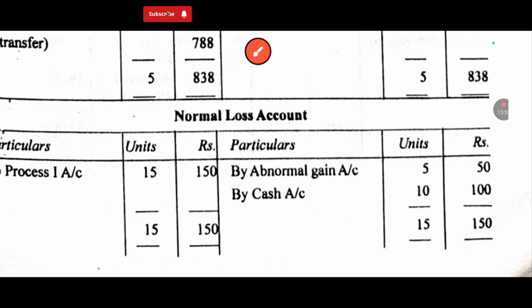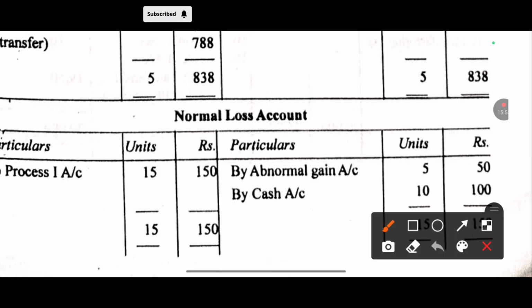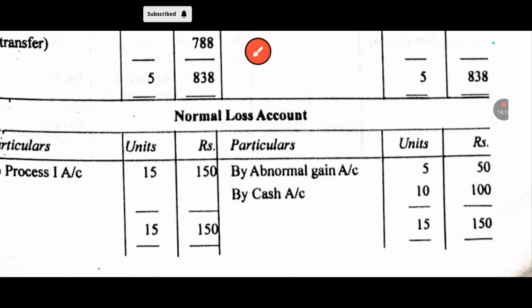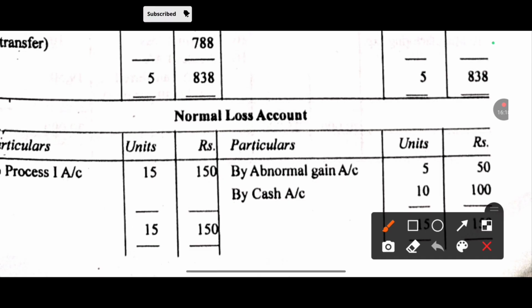Then the rest of the 10 units we have, right? The normal loss 5 units goes to abnormal gain. Even though we have the normal loss, we have the abnormal gain 5 units. That 5 units is calculated with the scrap value of 10 rupees. You receive the cash through scrap value 50 rupees.